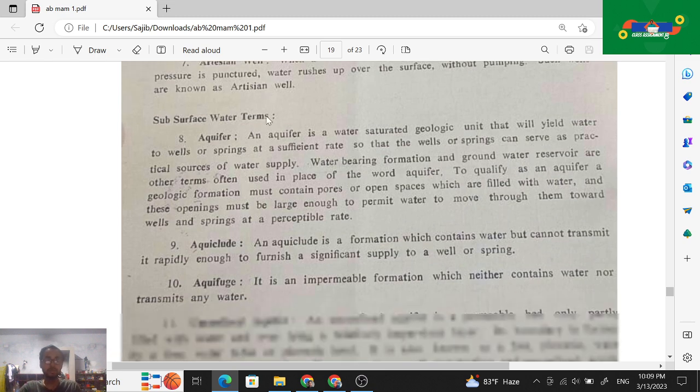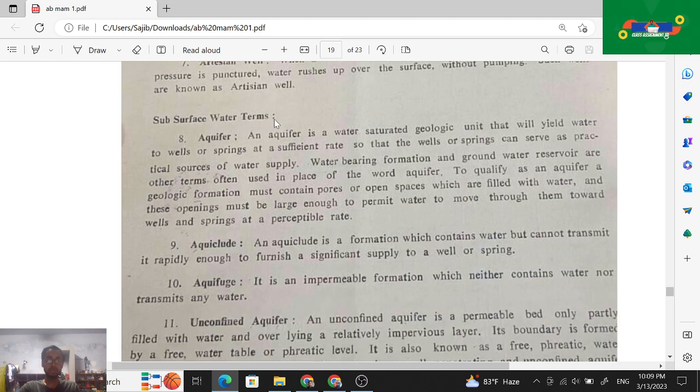Then among the subsurface water terms, subsurface water can be an aquifer. So what is an aquifer? An aquifer is a water saturated geologic unit that will yield water to a well or spring at a different rate, so that the wells or springs can serve as a practical source of water supply.